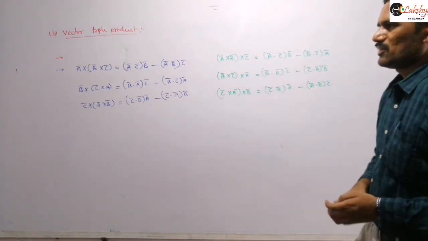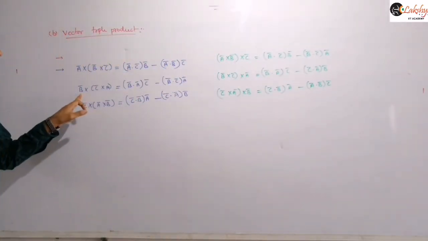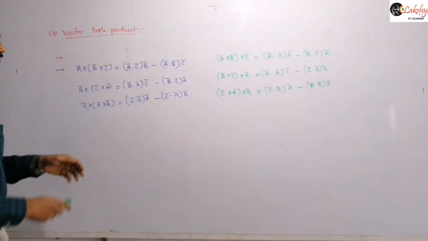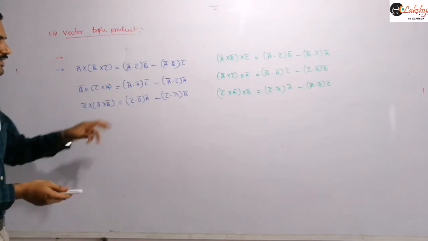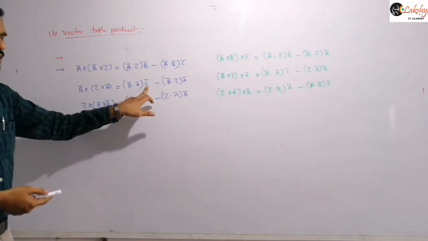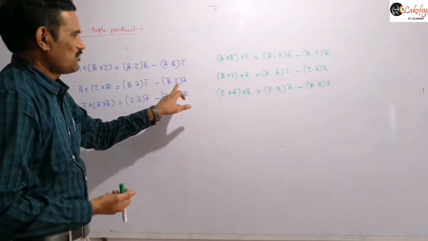Similarly, suppose it is given like B bar cross of (C bar cross A bar), then it is B bar dot A bar into C bar minus B bar dot C bar into A bar.